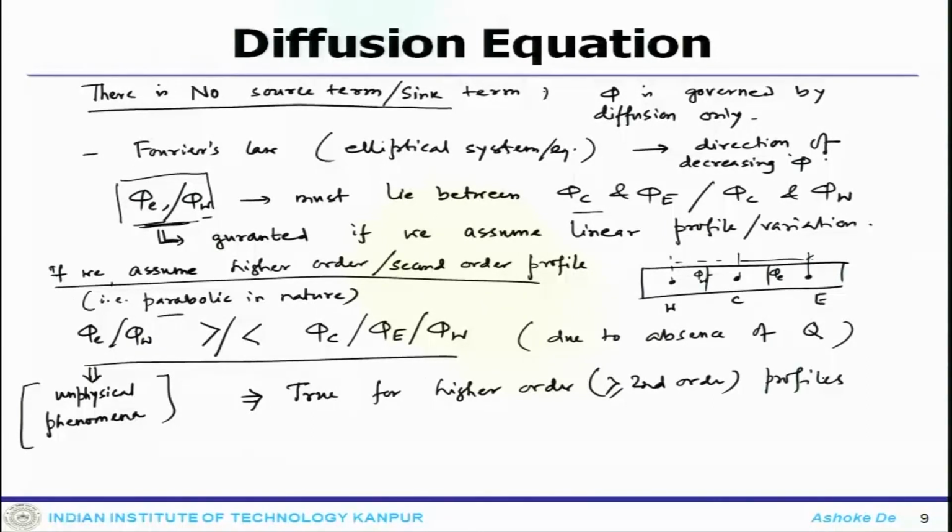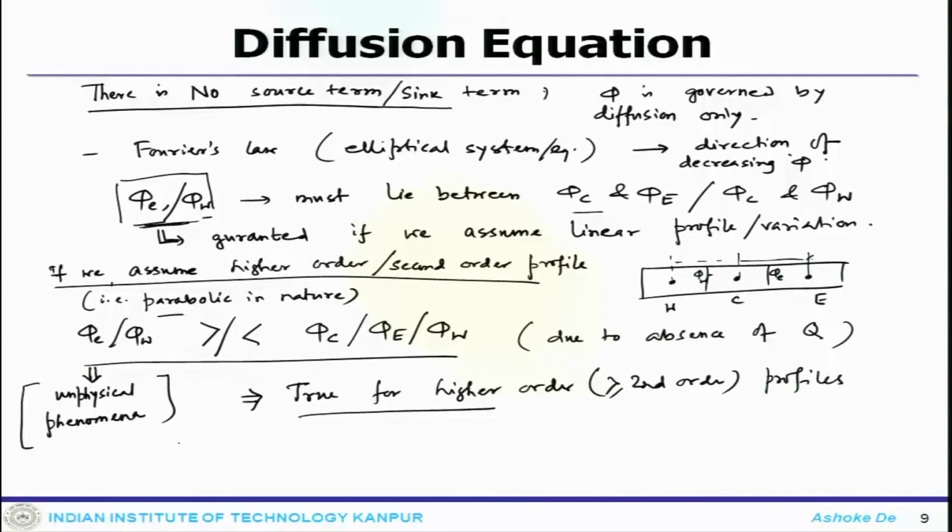If you do not have any source term and you assume higher order profile variation, this can lead to an unphysical phenomenon, which is neither physical in nature nor acceptable.